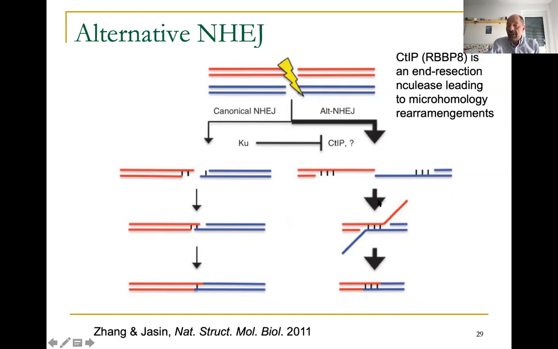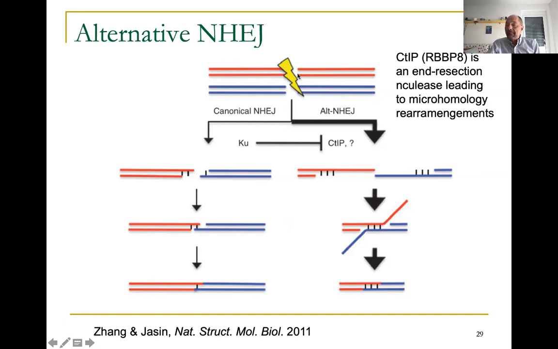Of course, this kind of repair is extremely error prone. For sure, here you're making a large error. You are changing the sequence completely. It's called alternative non-homologous end joining. So when the cell is unable to use the normal one, it goes through alternative non-homologous end joining.